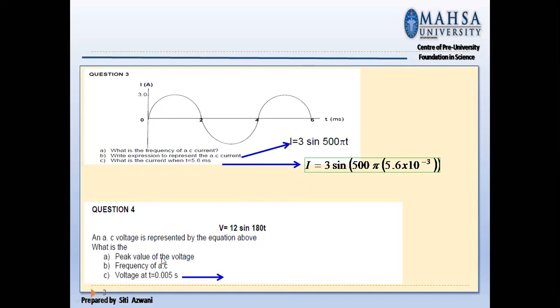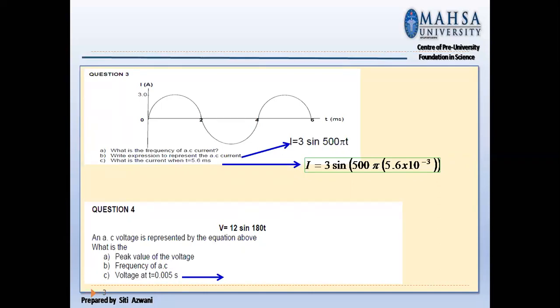So you can get the peak value here, 12 volt. For the frequency, the omega value is 180, which is equal to 2 pi f.